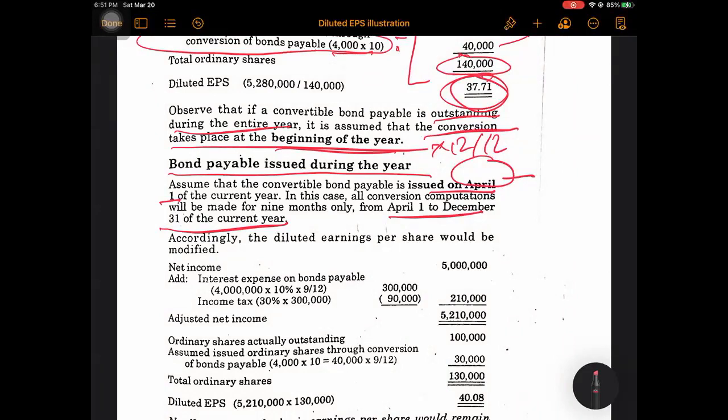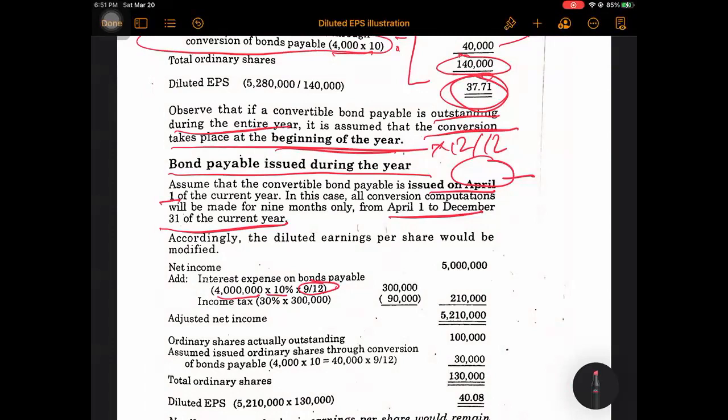Okay, so if you look, the computation of the adjusted net income is different from the first scenario. Why? Because the interest is now good only for 9 months. If you see, interest expense is 4 million times 10% times 9 divide 12, again because the bonds were issued on April 1.